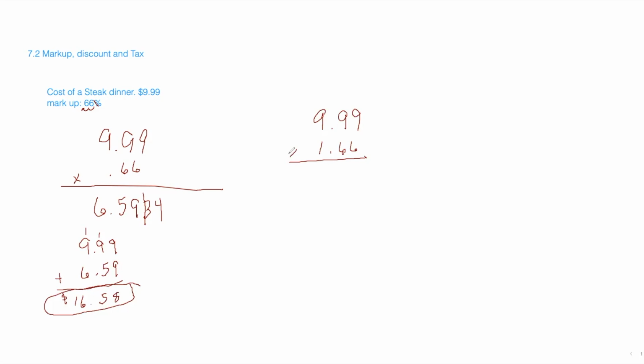You still multiply, but guess what happens? It's a lot faster. You multiply, and you end up getting $16.5834. Of course, you're going to round this to the hundredths, which the 3 keeps the 8 the same. So your answer, once again, is $16.58.